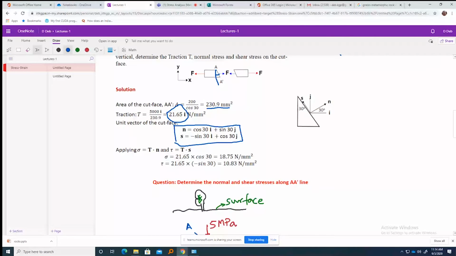So sigma is 18.75 and tau equals 21.65, which is the new traction. This value we are getting is 10 point. So there will be a minus. I think I missed that minus.